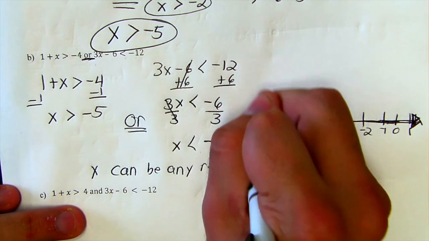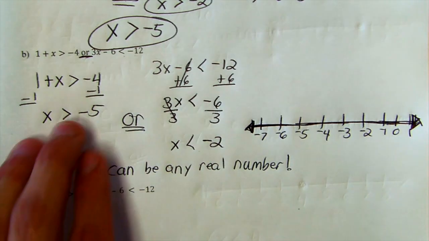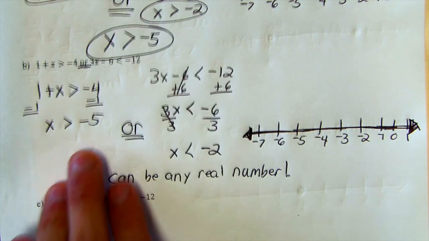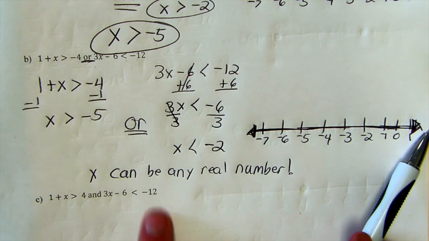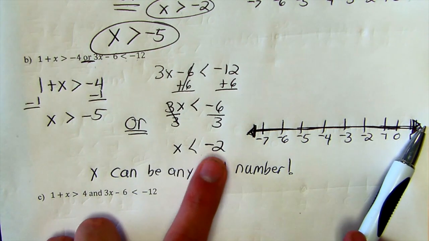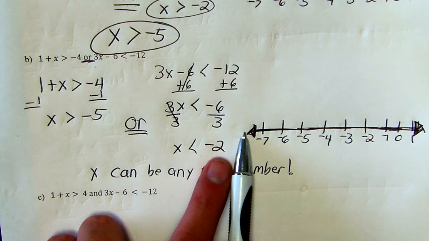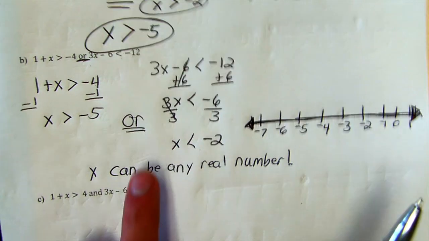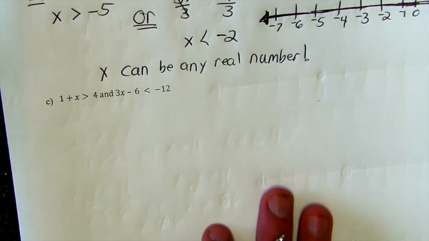So what we've got to do is just fill in our number line here, going in both directions. Since x can be greater than negative 5, at negative 5 we go all the way to the right. Or we have x is less than negative 2, so at negative 2 we go to the left. So it covers the whole number line. So x can be any real number that we want.